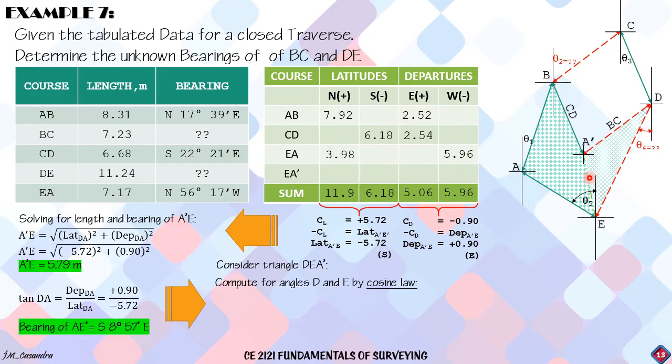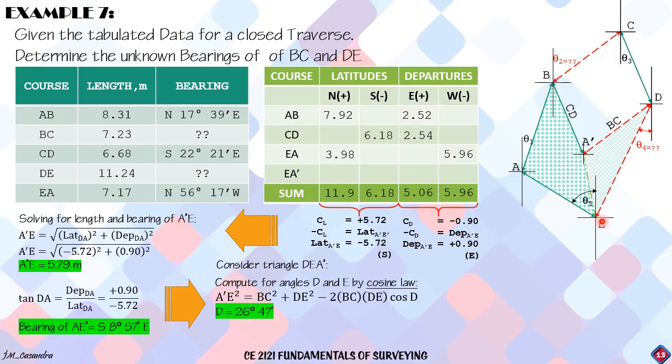So for D, that is A prime E squared equal to BC squared plus DE squared minus 2 BC DE cosine of D. So we'll be able to get the value of D as 26 degrees 47 minutes.